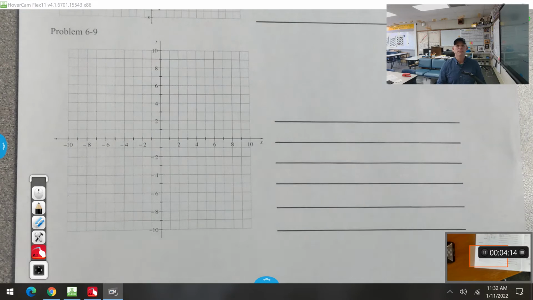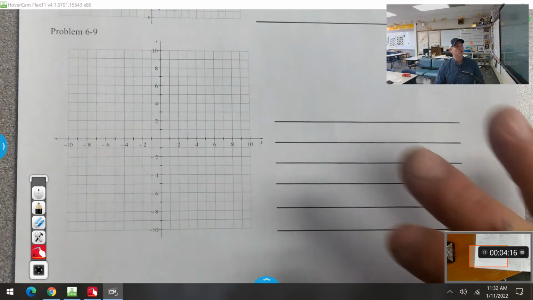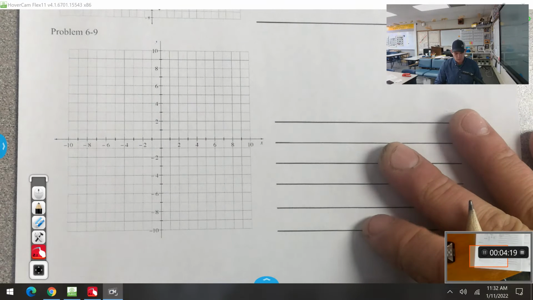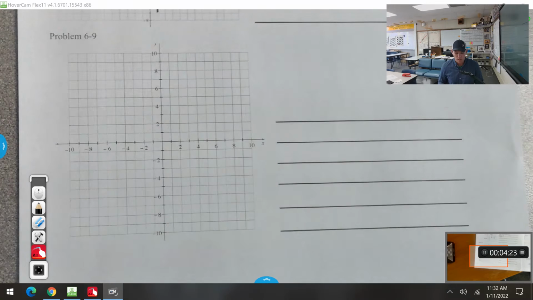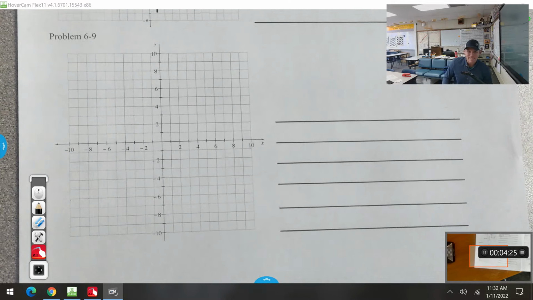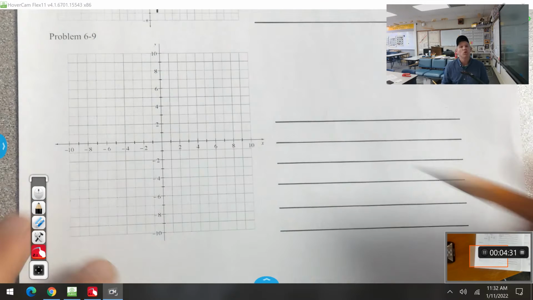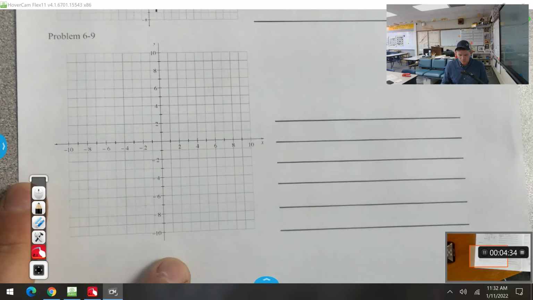Now, for problem 6-9, we're going to jump over to the document camera so that we can put our information here on our paper. I think it's easier to work with. So, step number 1, what I need you to do is draw this triangle.